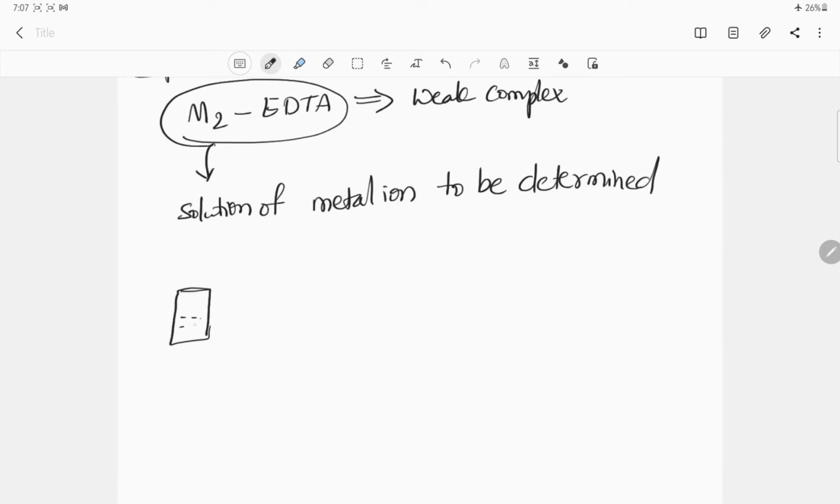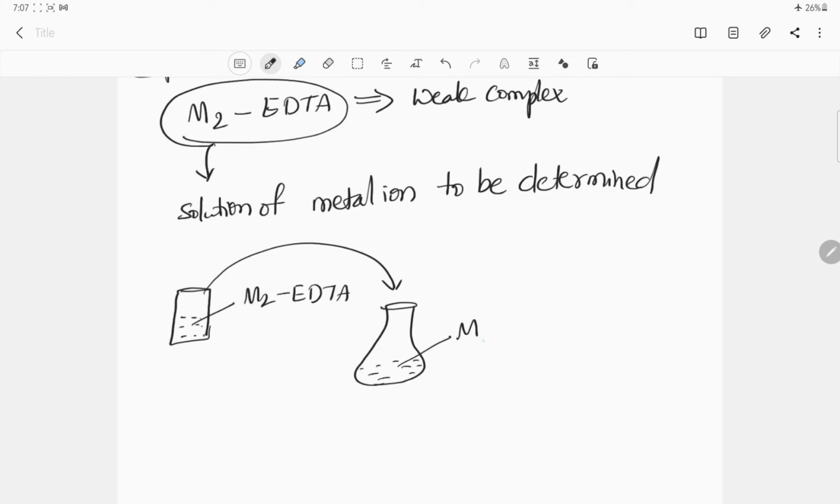So in this there is the M2 and EDTA complex. This will be added to the metal ion which we want to determine, let it be M1.